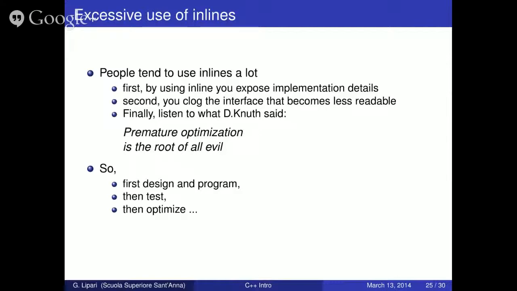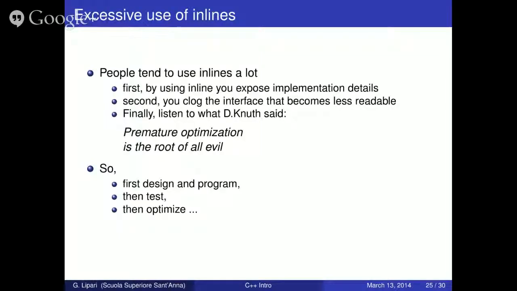So you go in the code, you look, you try to see which part of the code is slow and which one can be made fast by reducing maybe some copy, by implementing something in a slightly different way, and so on and so forth. And then you just optimize.